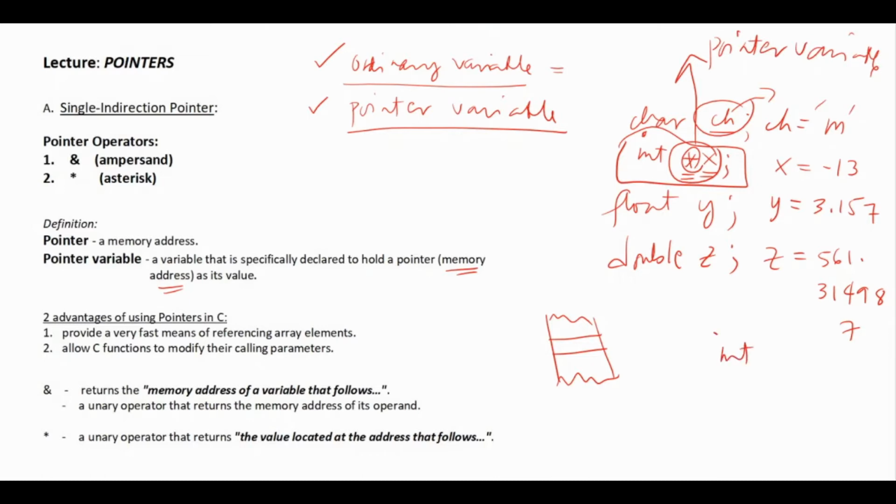So again, earlier we declared x as an ordinary integer variable, so it can hold any ordinary integer value. But this time, we declare x to be a pointer variable. What x holds now is a memory address. So say this is the RAM, and this memory location is allocated for variable x, and say that the memory address of this memory location is 95, and the value we assign to x here is negative 13.